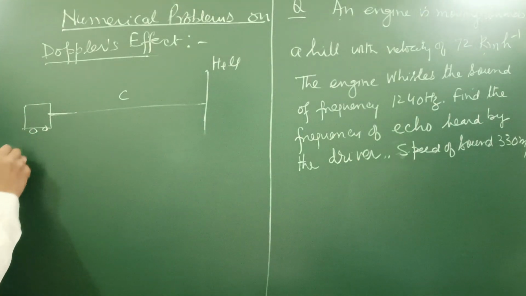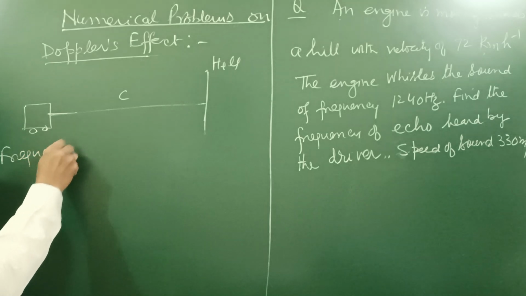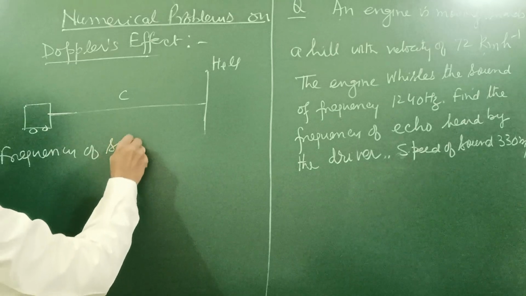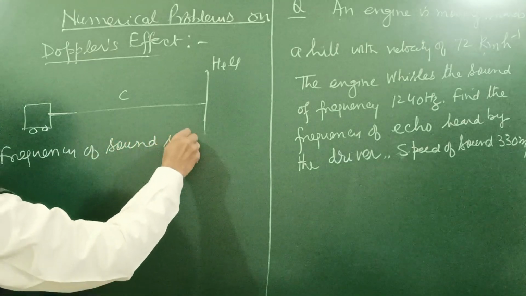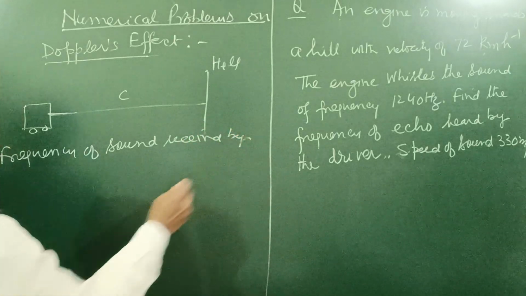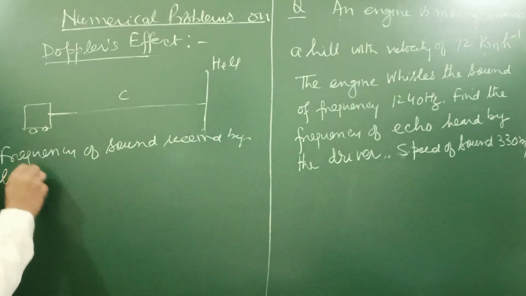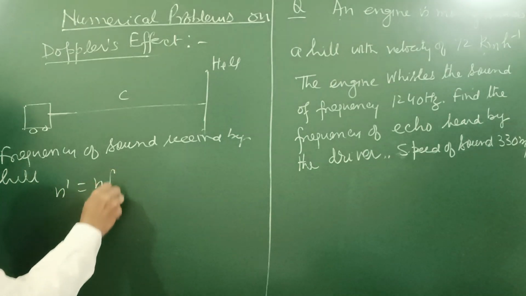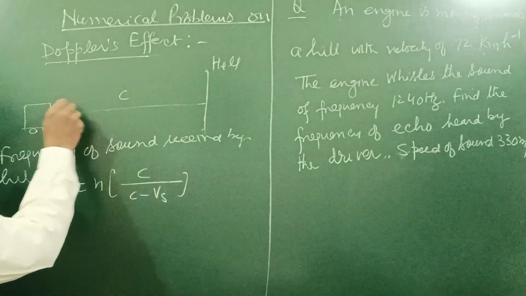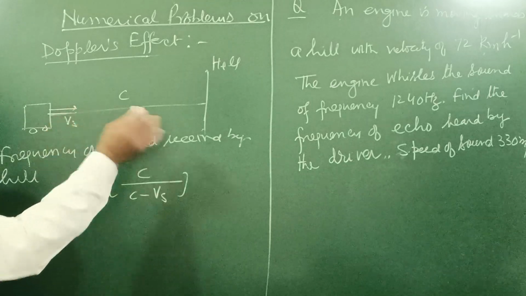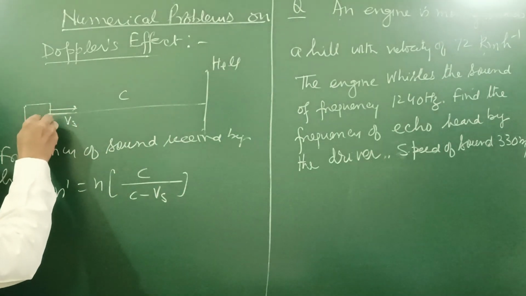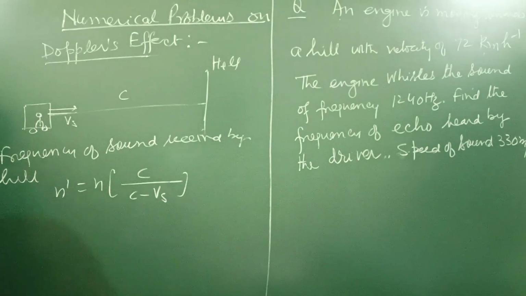So the frequency of sound received by the hill, n dash, is equal to n into c upon c minus vs, because the source is moving with speed vs. Vs is the speed of the engine. The driver sitting here acts as the observer, the listener.